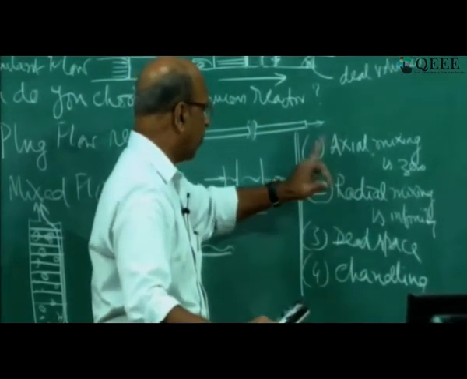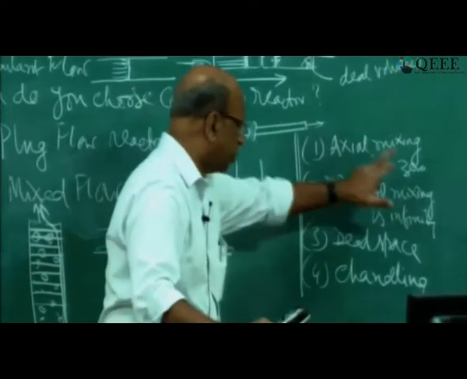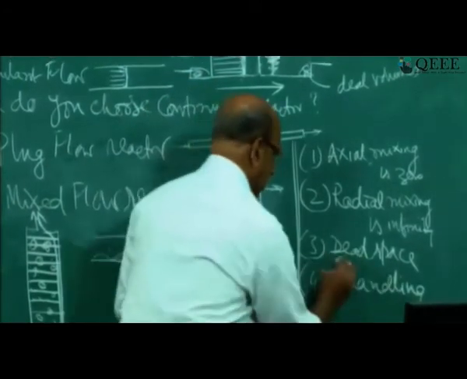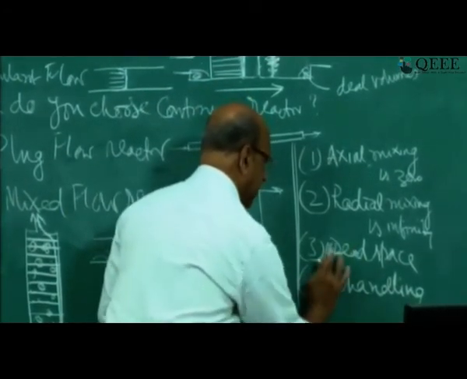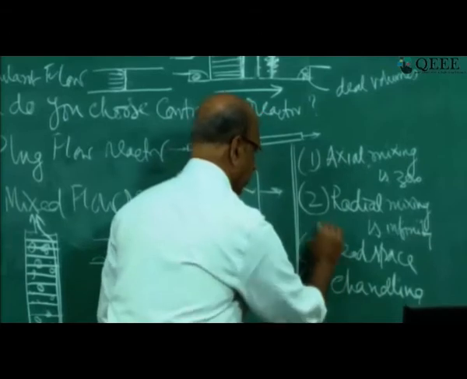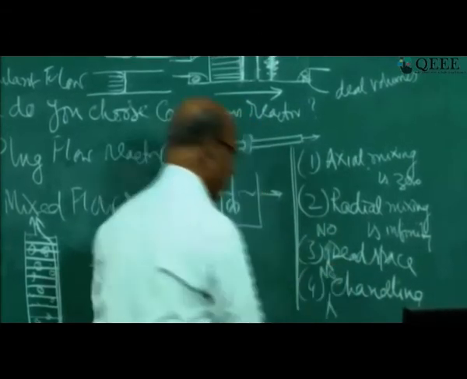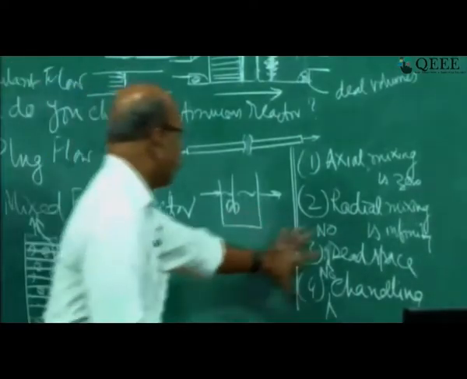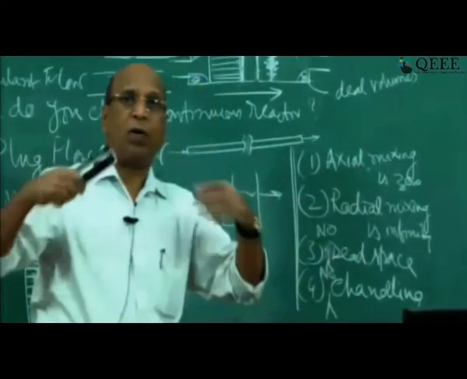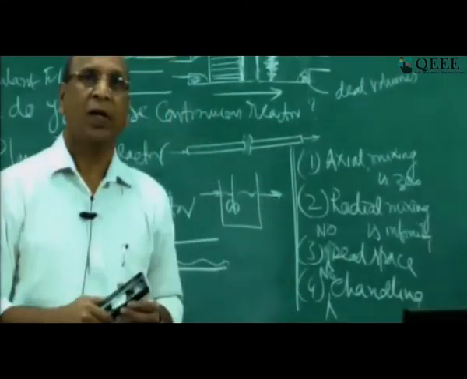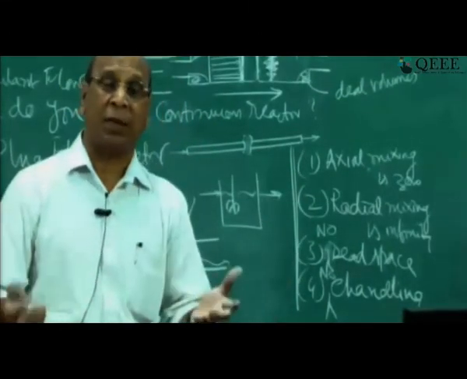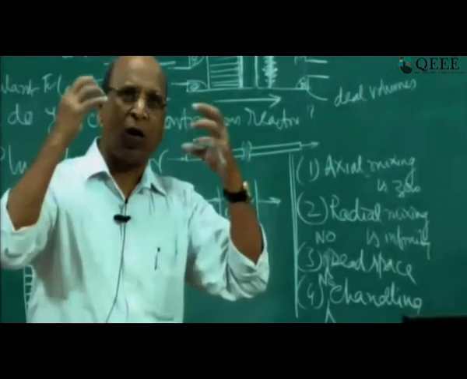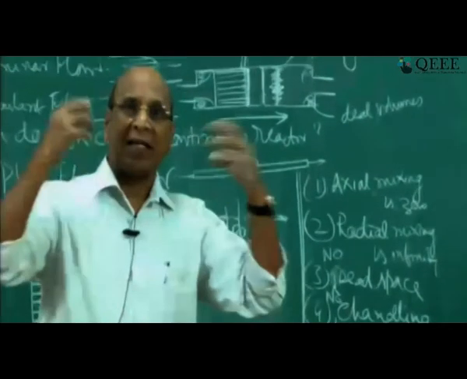So for the plug flow assumption, axial mixing should be 0, radial mixing should be infinity, there is no dead space, and also no channeling. So this is what plug flow is in our imagination. We say concepts in chemical reactor engineering. Concept means in your mind you are conceiving some idea.